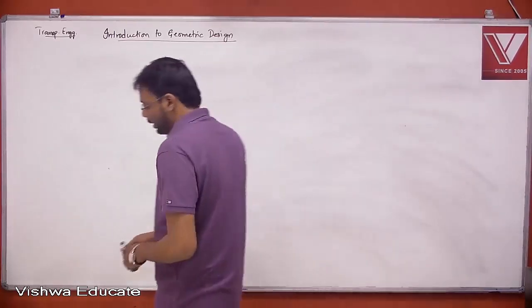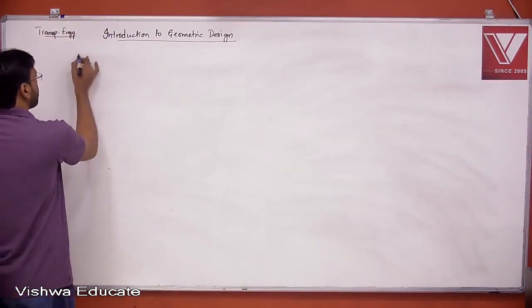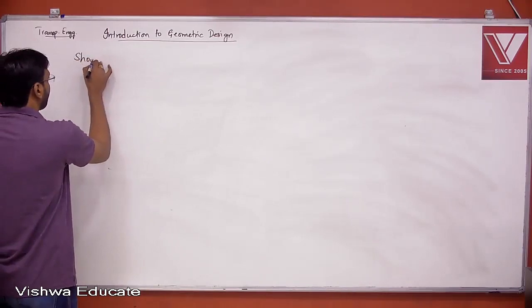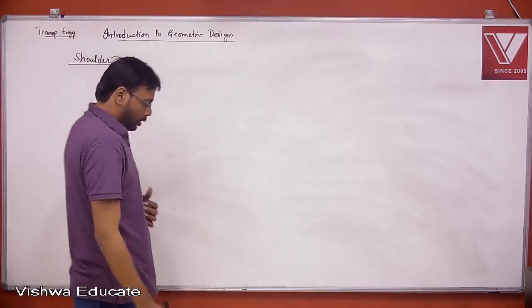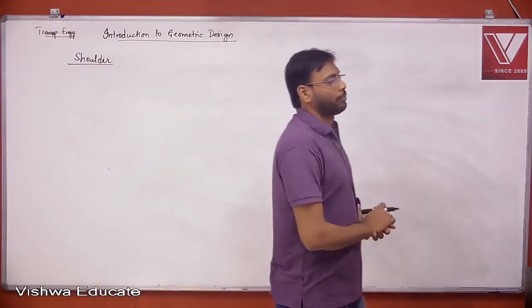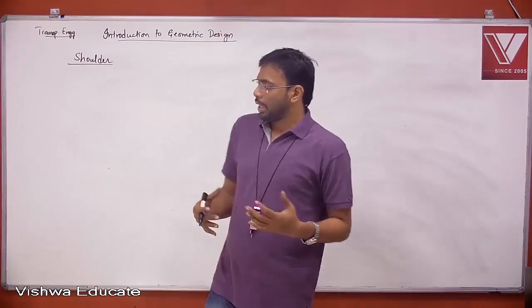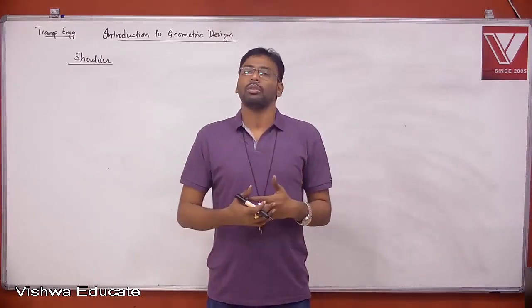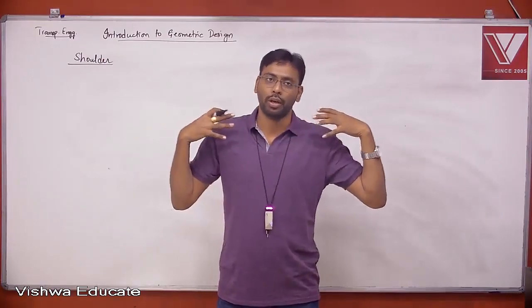So the next element that exists on the road is the shoulder. What is a shoulder? Not this one, huh? Shoulder. Yeah, you can compare though. So if this is the road, the adjacent parts will be the shoulder, right?